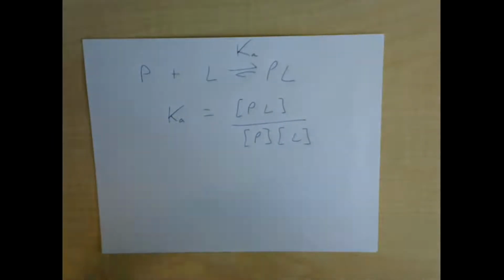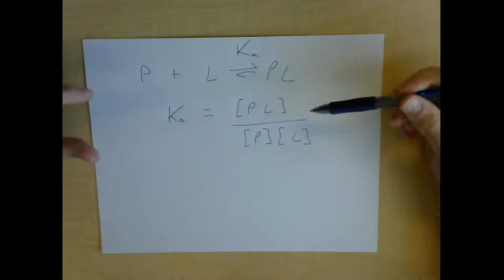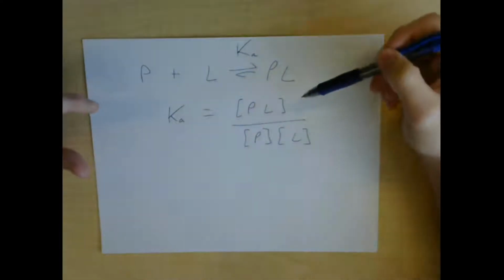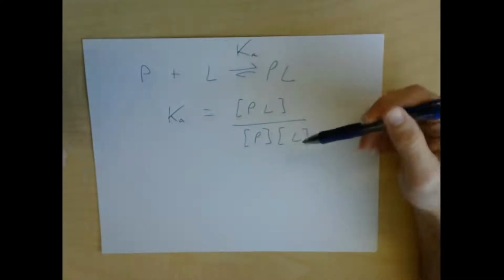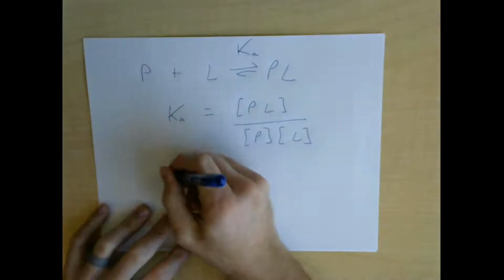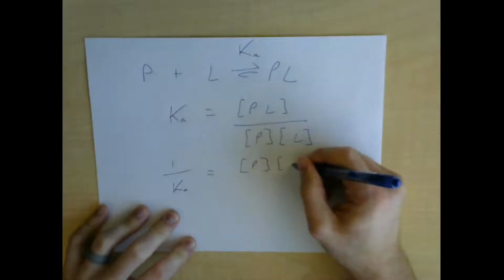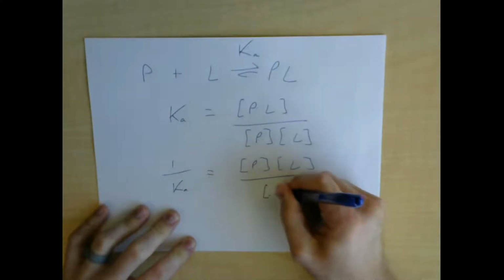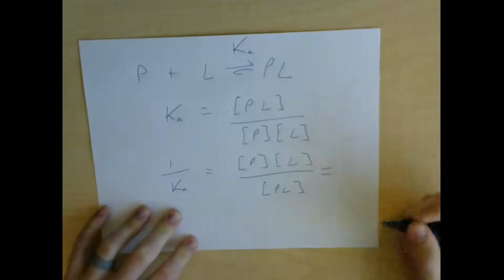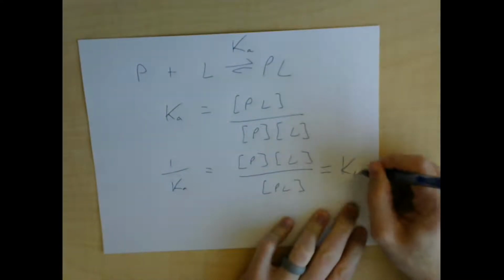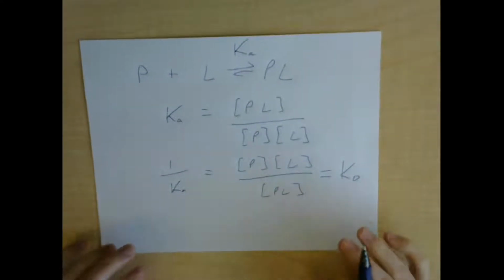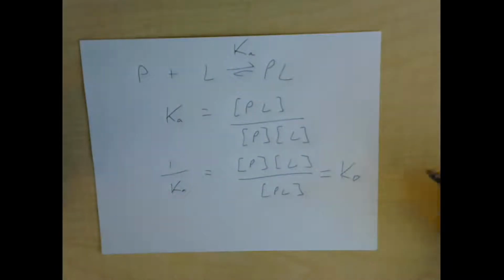If I take the inverse of this, so that reactant concentrations are on top of product concentrations, so 1 over Ka, all this is my Kd, my dissociation constant. So the association equilibrium constant is related to the dissociation equilibrium constant simply in that one is the inverse of the other. That's all it is.